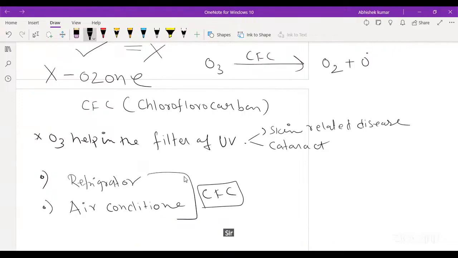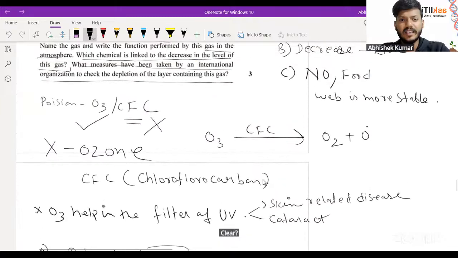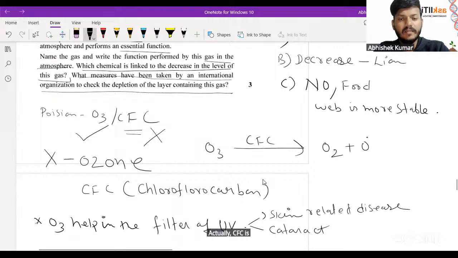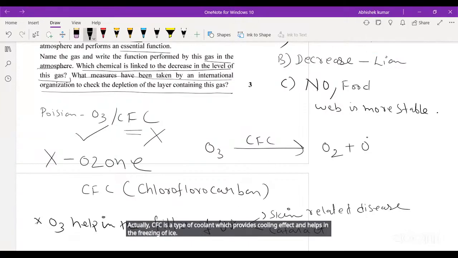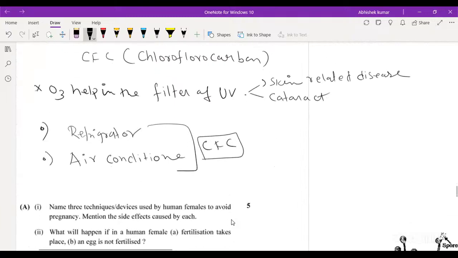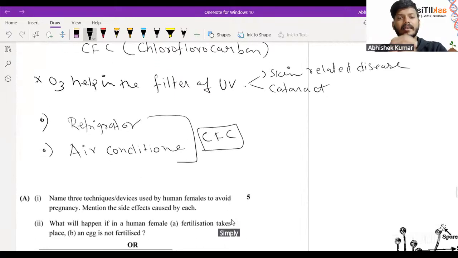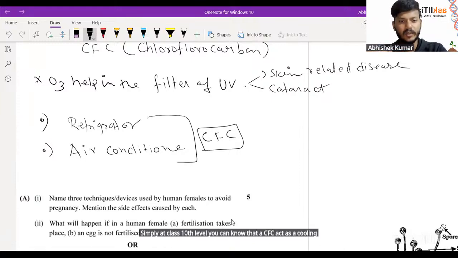Sir, why do we need CFCs in refrigerators and conditioners? Actually, CFC is a type of coolant which provides a cooling effect and helps in the freezing of ice. Simply, at class 10th level, you can know that CFC acts as a coolant.